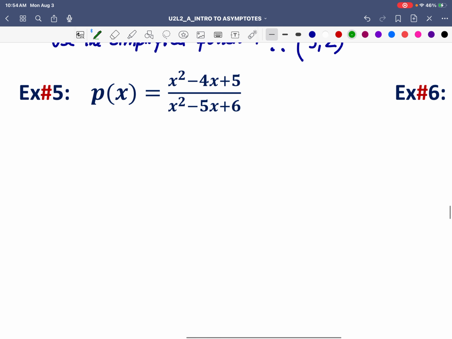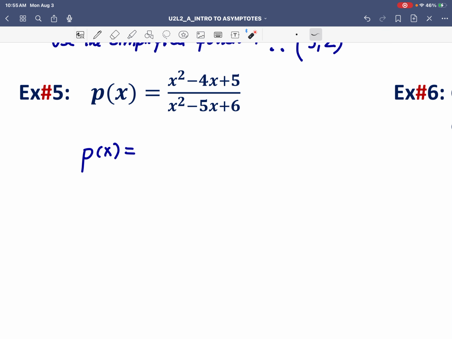One more example. So we have p(x) equals (x squared minus 4x plus 5) over (x squared minus 5x plus 6). Let's factor first. It makes it easier for us to identify the vertical asymptotes, but we also want to factor the numerator to check for holes in the meantime.